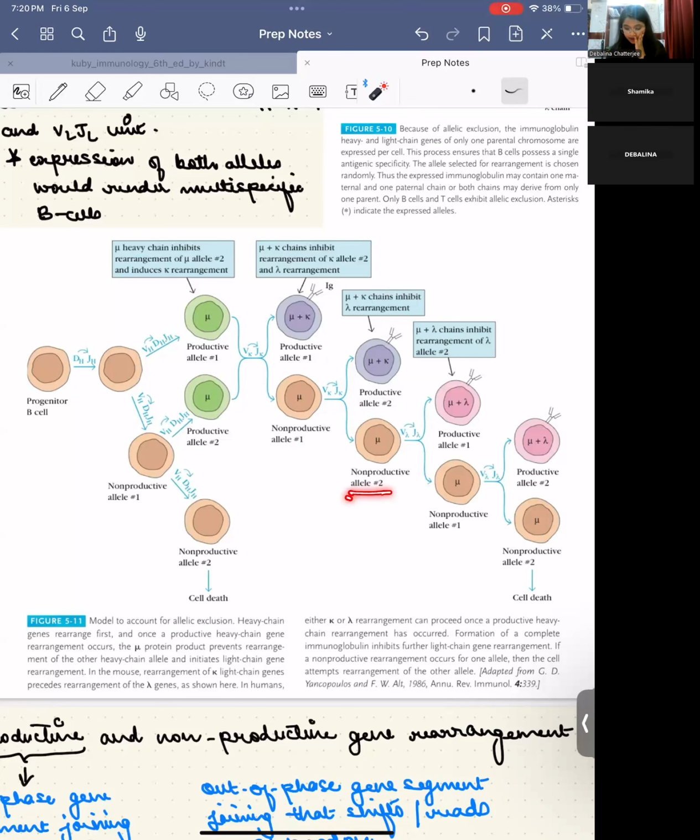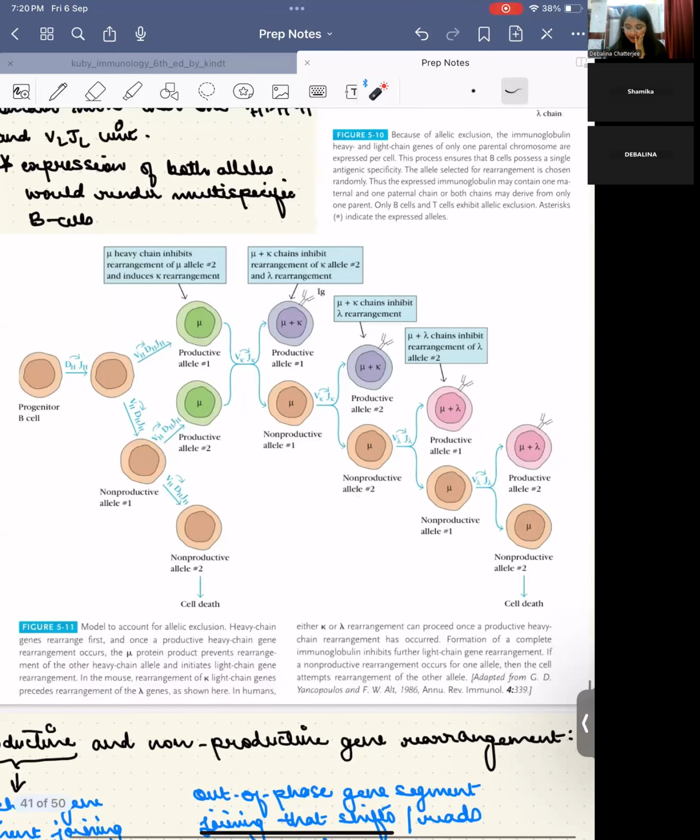If this is non-productive, so far the kappa genes were getting a chance to undergo recombination, but now the lambda comes up. If the lambda chain is rearranged productively, it can get synthesized and the cell can go further. If this is non-productive, a second chance is given for rearrangement.